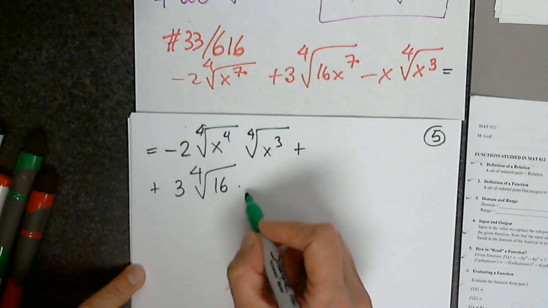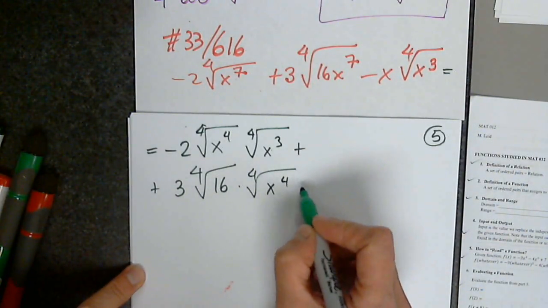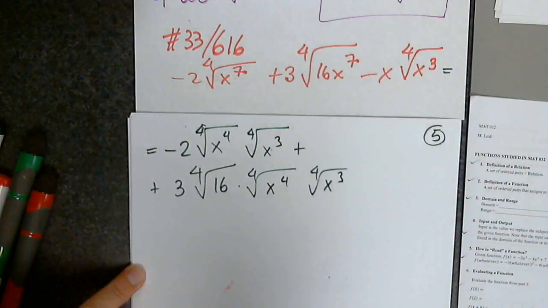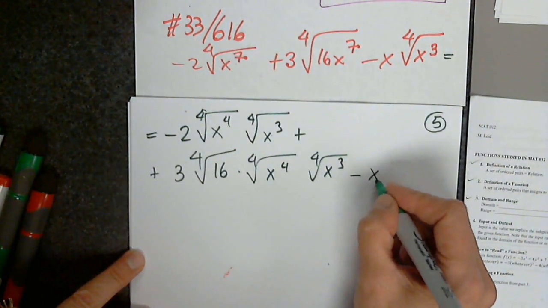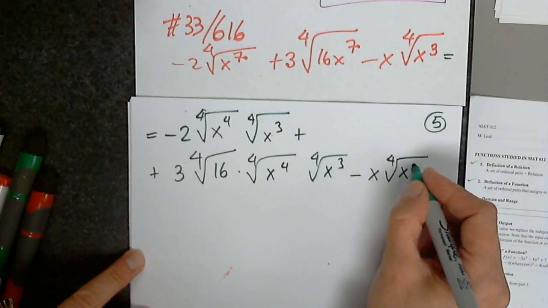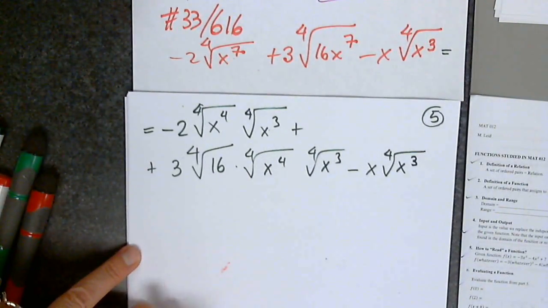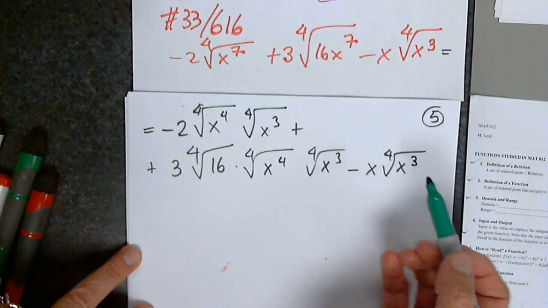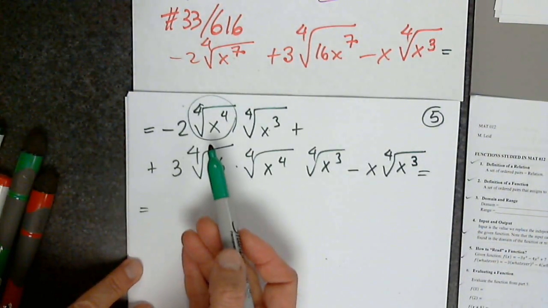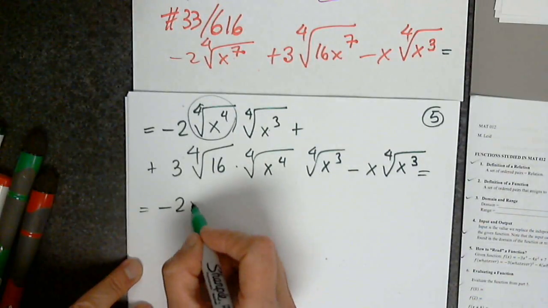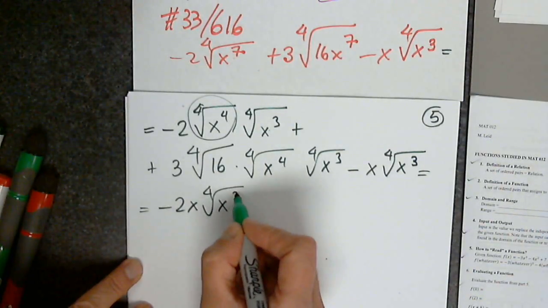And since it's the same thing, I'm going to copy it again. And the last one, can I simplify the last one in any way, shape, or form? No, because the power is less than the index. Good. Now, the only thing that I can simplify here is this. So then I have negative 2x, the fourth root of x to the 3rd. Agreed?